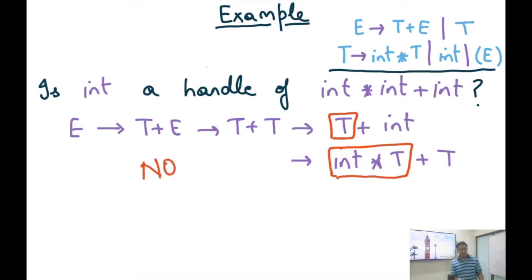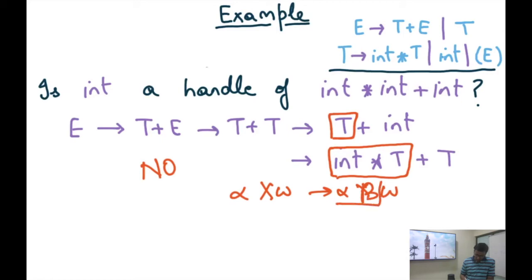Okay, so recall once again what a handle is. There should be a reduction step such that the prefix of the string was obtained by reducing. So if alpha X omega produces alpha beta omega in a rightmost derivation, then alpha beta is called the handle. So in this case, int star T would be called a handle.